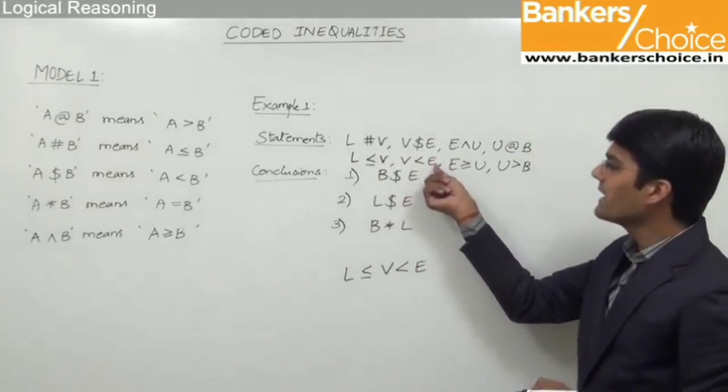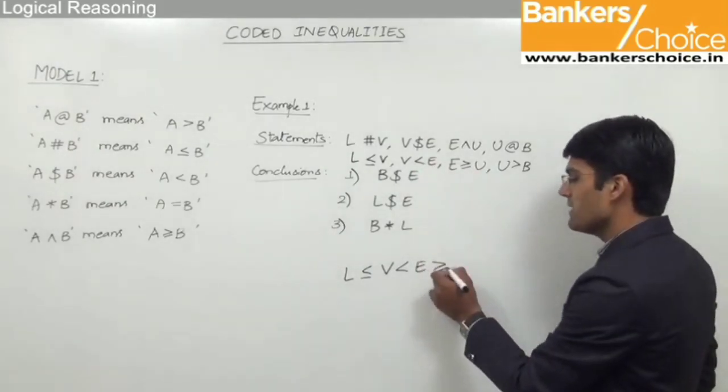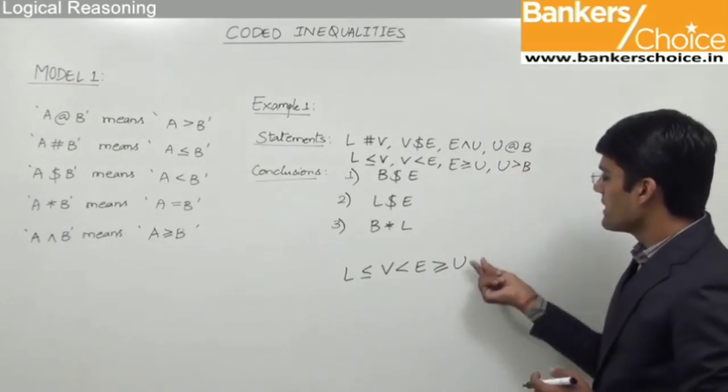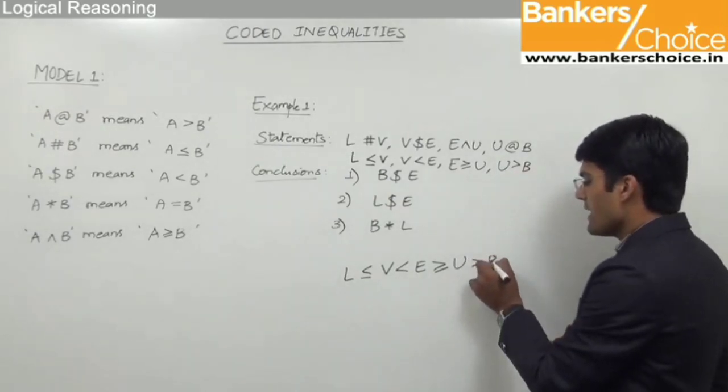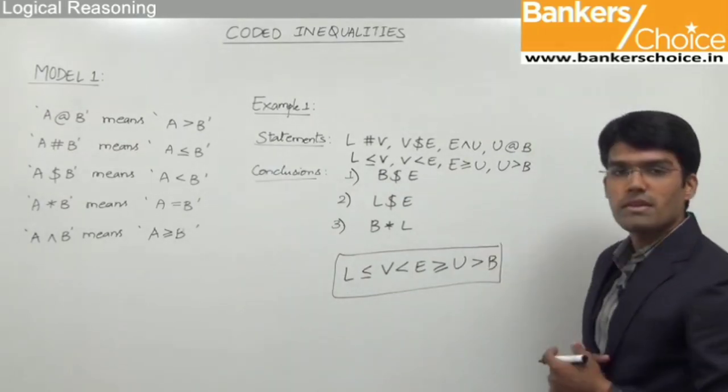We get V less than E and E is greater than or equal to U. By combining that, we can simply write E greater than or equal to U. And the last part is U greater than B. So this is the combined statement which we have got from the given question.